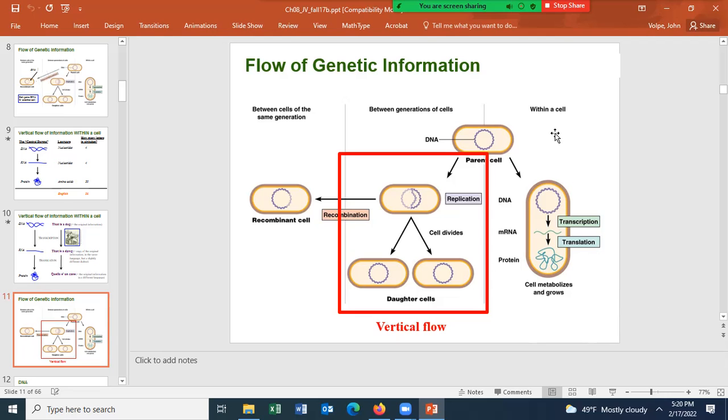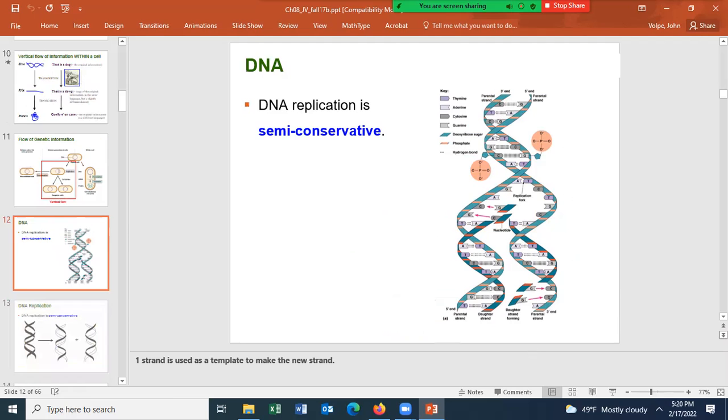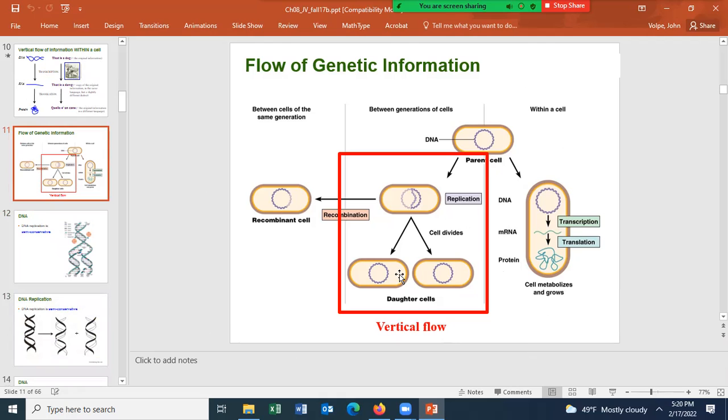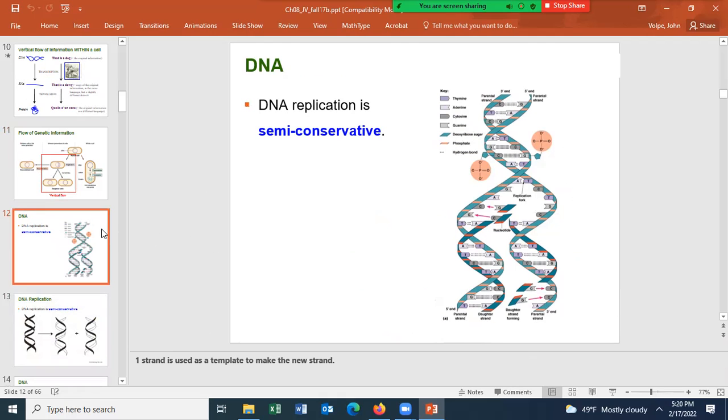All right, so we talked about the flow of information within a cell. Now let's talk about the flow of information between generations of cells. The DNA stores the information, and that information is passed to daughter cells as the DNA replicates, and then the cell divides.